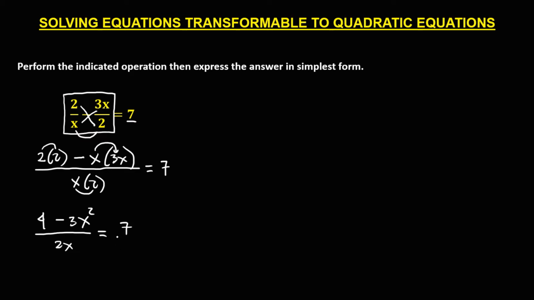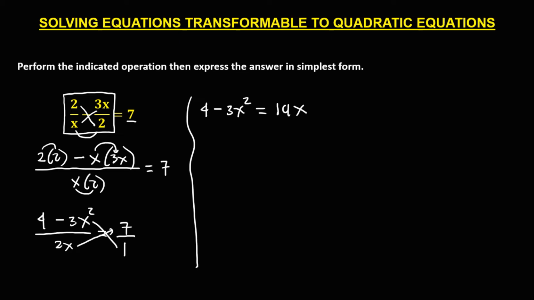Then we need to put a denominator 1 for 7, then cross multiply. So 4 minus 3x squared times 1, that's 4 minus 3x squared, equals 2x times 7, this one is 14x.